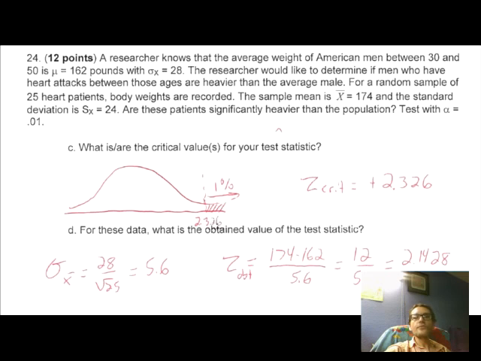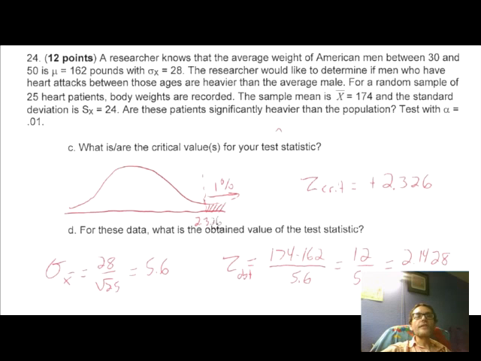Oh, wait, 2.33, yeah. And so that 2.33 sets off the region of rejection, right? So thinking ahead, if the z-score or the z-test, when we compute it, obtains a z-score that is in the region of rejection or to the right of that point, then we would reject the null, right?